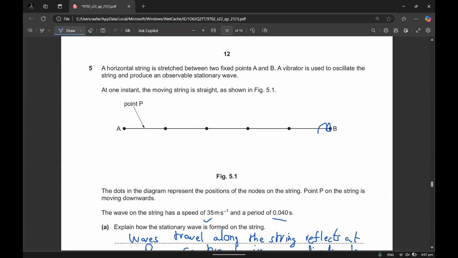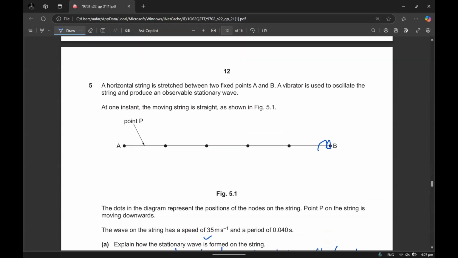If it's over here, then after 0.04 seconds, it's again going to come over here. So in 0.01 it goes here, then at 0.02 this point, 0.03 over here, and 0.04 again this point. So after a quarter of a cycle, the wave is going to look like this.